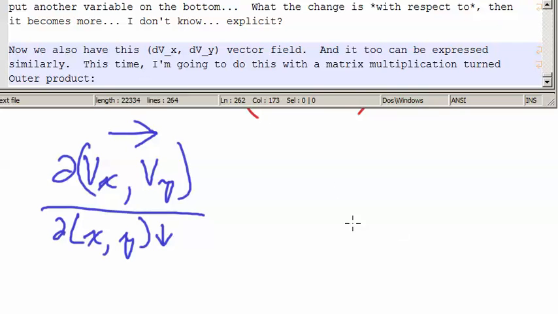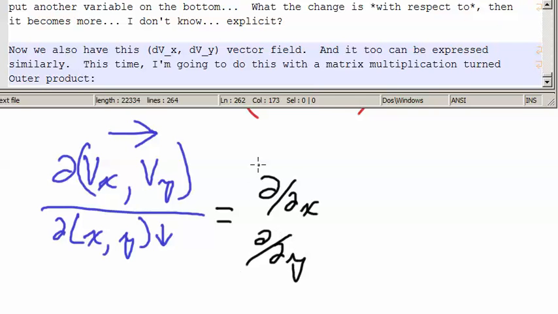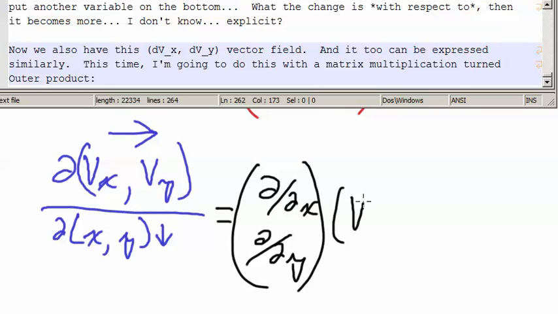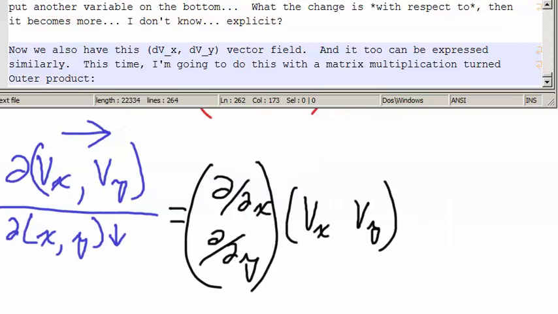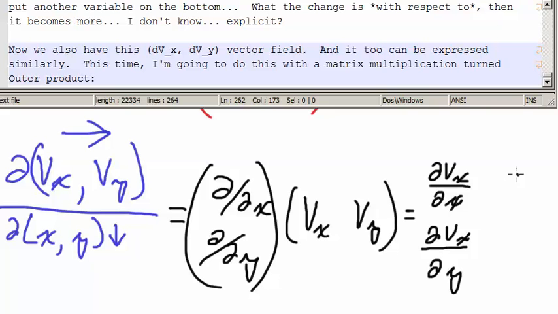I'm going to do it this time with a matrix multiplication: del x, del y, turned into an outer product, v sub x, v sub y, equals del v sub x, del x, del v sub x, del y, del v sub y, del x, and del v sub y, del y.